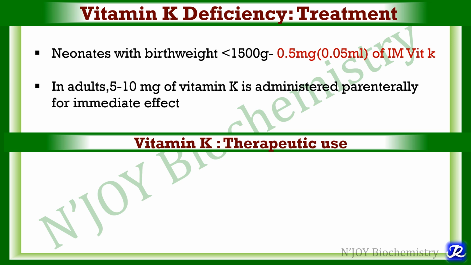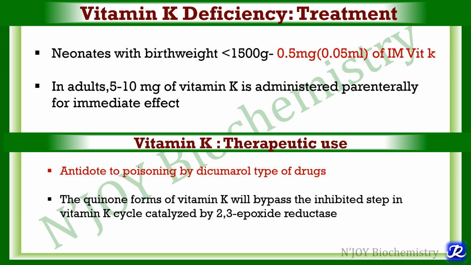What is the therapeutic use of vitamin K? Vitamin K acts as an antidote to poisoning by dicumarol type of drugs, and the quinone form of vitamin K is given, and it will bypass the inhibited step in the vitamin K cycle, which is catalyzed by 2,3-epoxide reductase, because we know that dicumarol and warfarin inhibit the step of the vitamin K cycle catalyzed by this vitamin K 2,3-epoxide reductase, which is responsible for converting the 2,3-epoxide form into the quinone form.